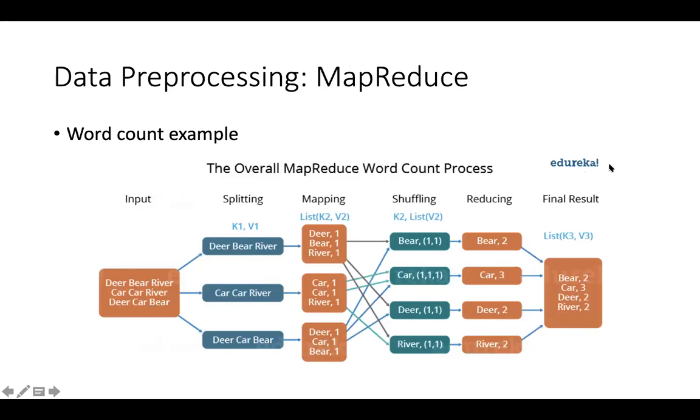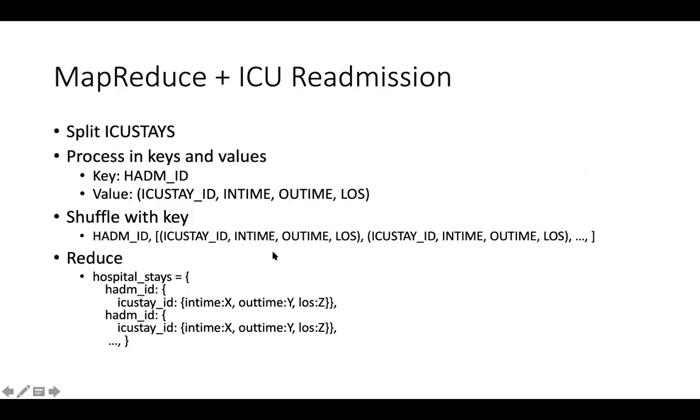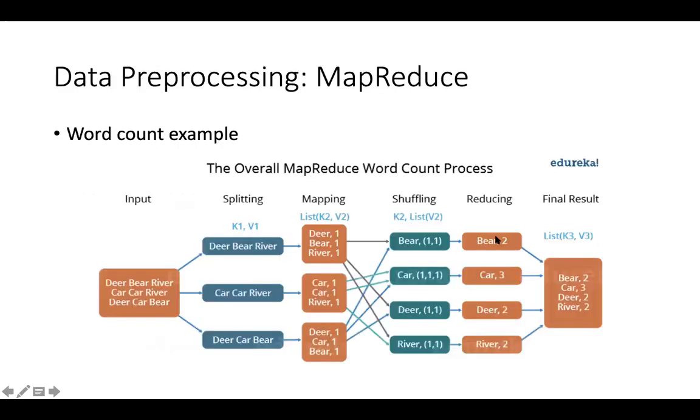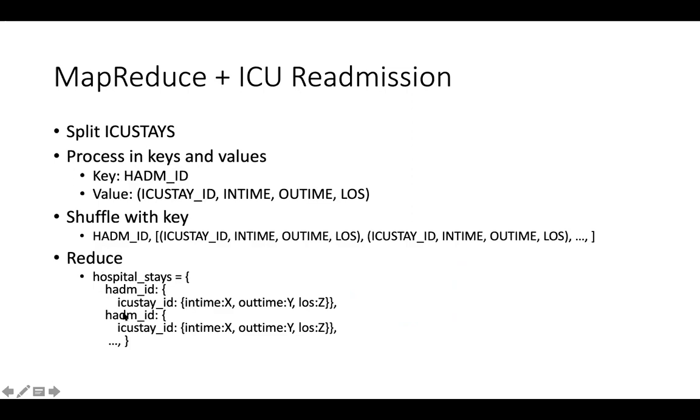Here, what we did is we reduced by the individual keys, and in the same manner we're reducing by the hospital stays. So the HADM ID was the key, and now we're reducing by the same hospital level thing. Like here, bear 11 becomes bear 2, car 11 becomes car 3, and deer 11 becomes deer 2. In the same manner, we're merging them with the same hospital admission ID.